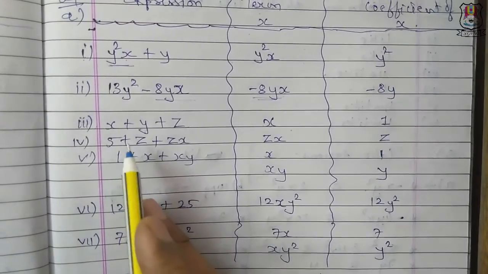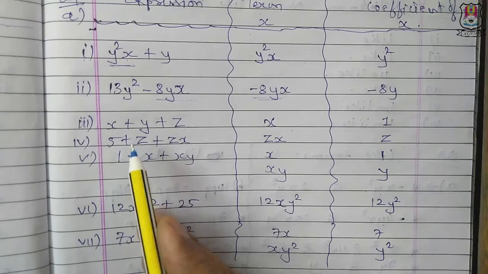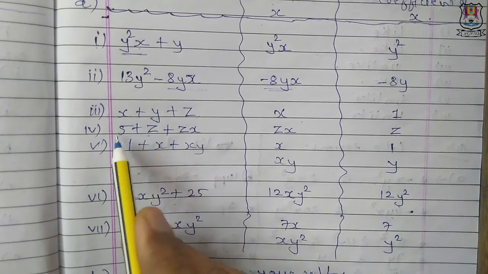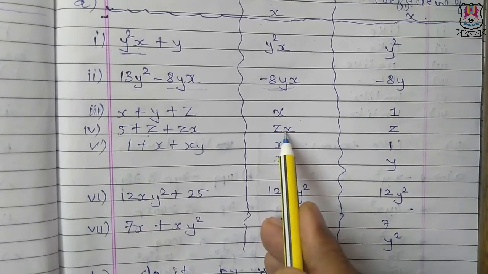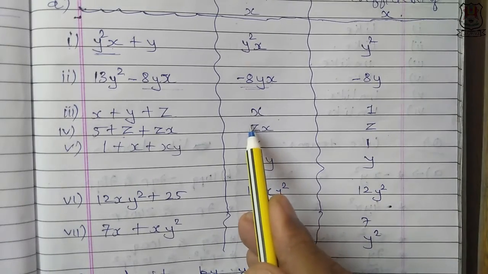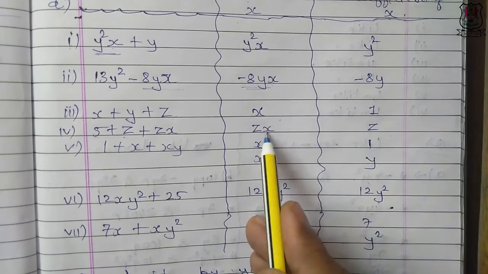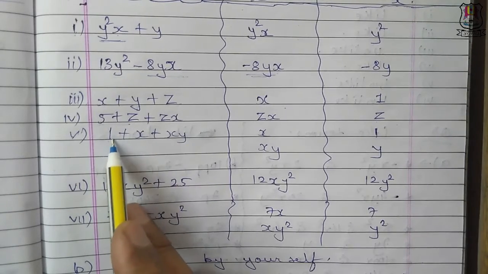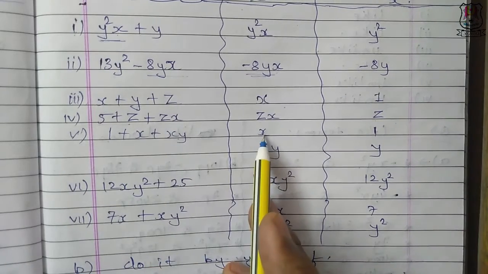As I explained in the previous question, when nothing is written before the variable, you have to consider it as 1. Next, y plus z plus zx: the first two are not considered, there is no x in them, so this is zx. zx is the term that we are considering, and what is the coefficient? Whatever the value is before the x, that is the coefficient. So here z is the coefficient of x. The same way, 1 plus x plus xy: 1 is not considered as it is a constant. x and xy are the two terms.